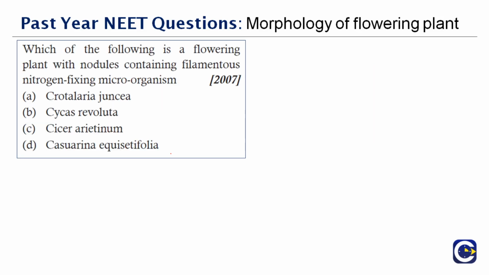Next question here. Which of the following is a flowering plant with nodules containing filamentous nitrogen fixing microorganism? You have 4 options here. This question was asked in the year 2007. Obviously, you will not know the answer, so I will tell you. It is also known as the Australian pine, an evergreen tree with a soft, wispy, pine-like appearance that grows around 100 feet or more.